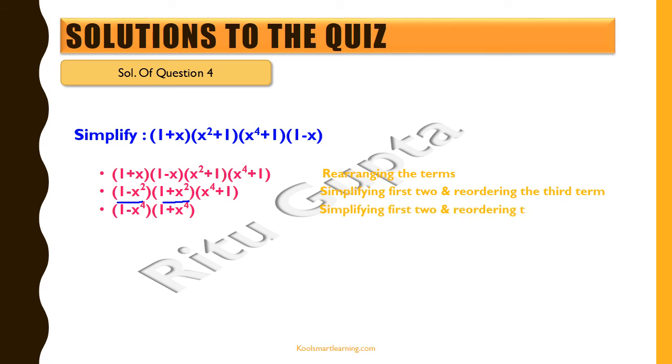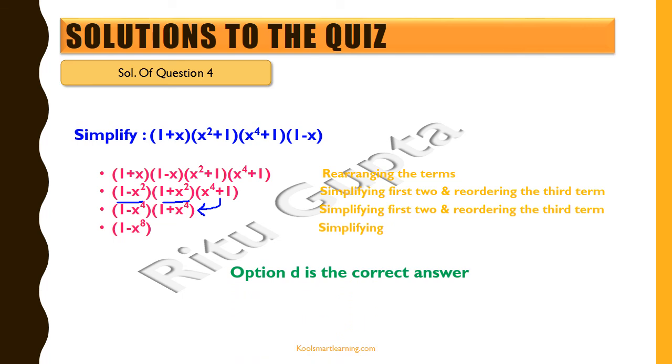Again using the same identity, it becomes 1 minus x raised to power 4 into, again we rearrange it to 1 plus x raised to power 4, and now again using the same identity, it becomes 1 minus x raised to power 8. So that's the final answer for the question, which is option D.